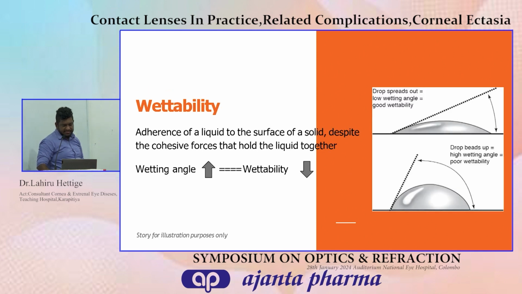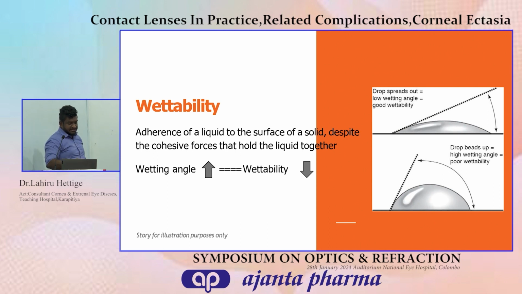Then there's this concept called wettability. What is wettability? It is the adherence of a liquid to the surface of a solid despite the cohesive forces that hold the liquid together. Wettability is a property of the surface that expresses the adherence of a liquid. So you are talking about a wetting angle.